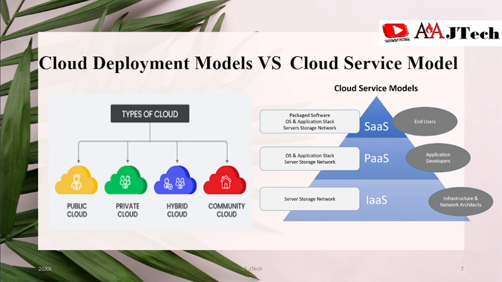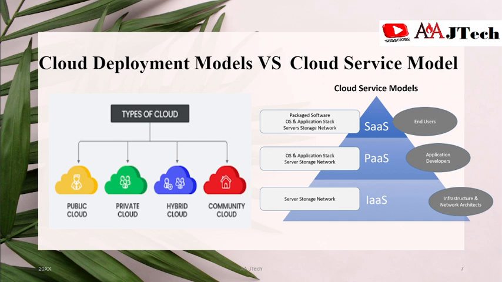It means we have public cloud, private cloud, hybrid cloud, and community cloud. Obviously, if you're talking about the public cloud, public means it's open for everyone. Everyone can access that. Everyone can use it. So public cloud is obviously known from its name. It's public. It's open for everybody.